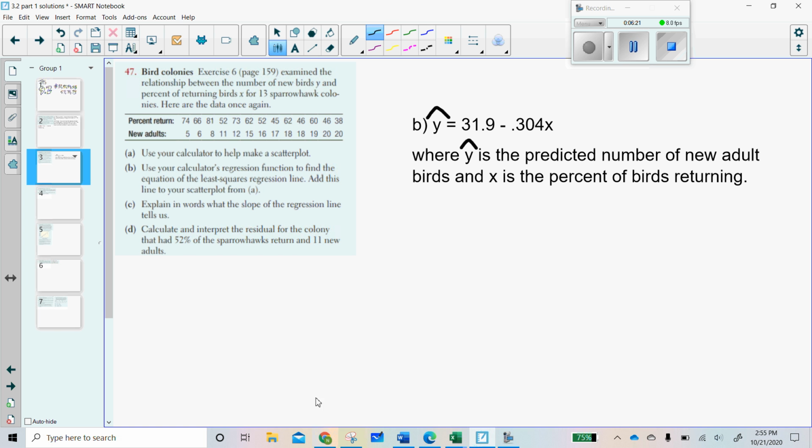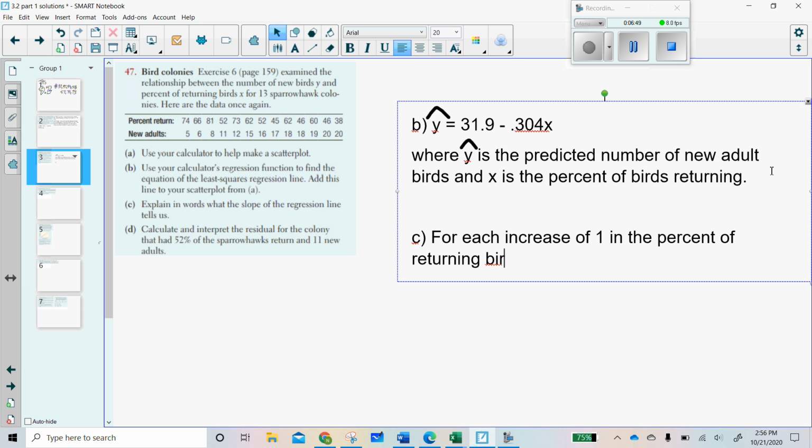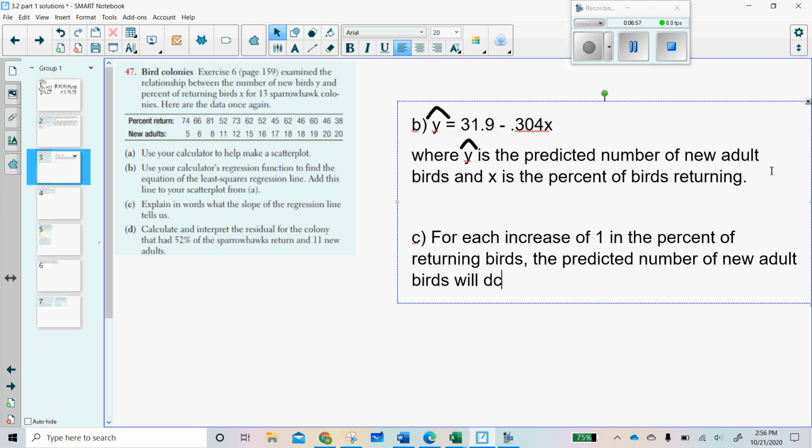Part C says explain in words what the slope means. The slope obviously is negative 0.304. Let's talk about what that means. We just did an interpretation question, so you'll notice this looks really similar. For each increase of 1 in the percent of returning birds, the predicted number of new adult birds will decrease by 0.304.